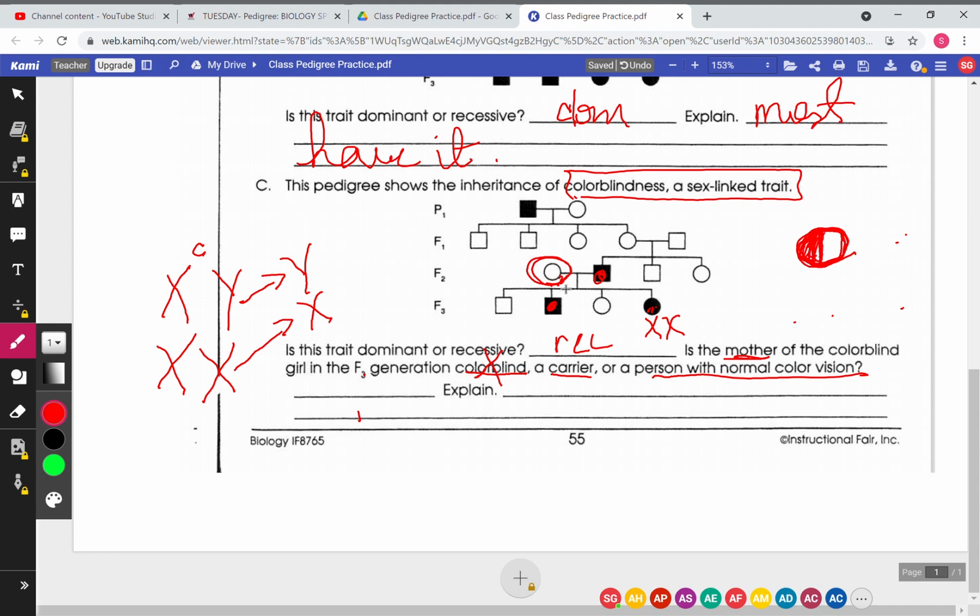So in this case, this makes a boy. So who gave this boy color blindness? That would be his mom. So the only way for mom to give it to him is if she carried the allele for color blindness. So she has a capital C and a lowercase c on her alleles. So she is a carrier.